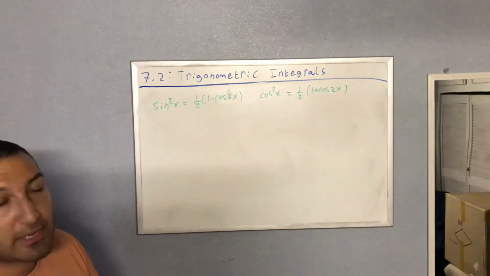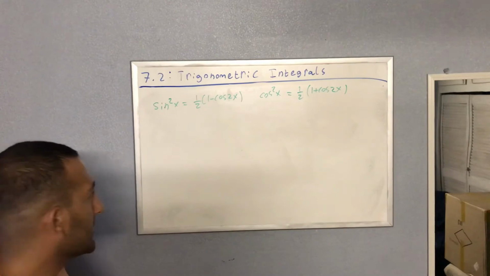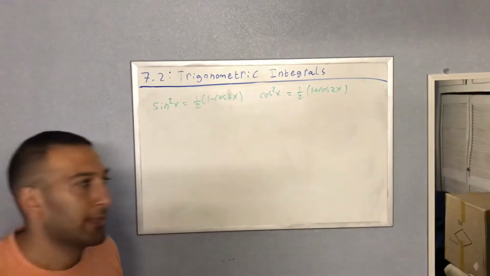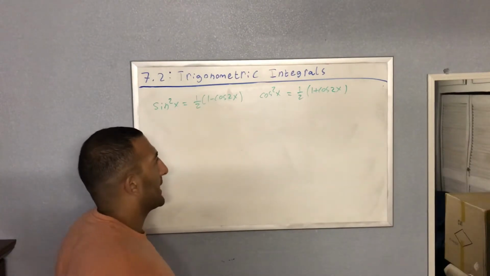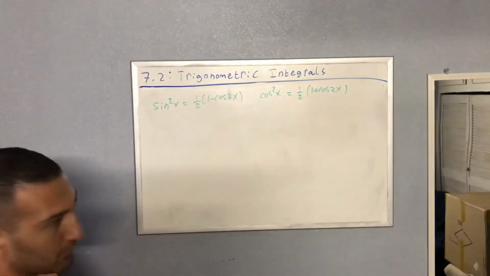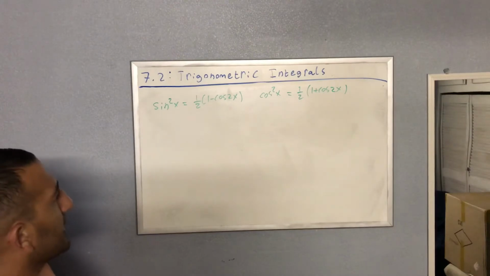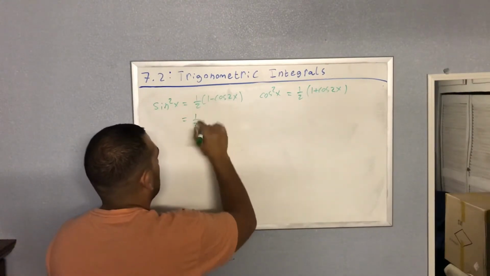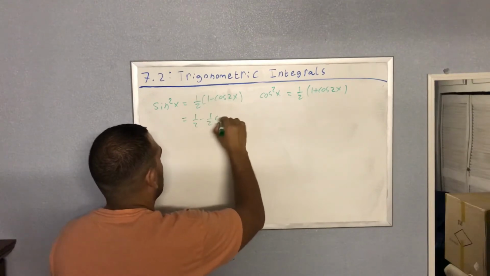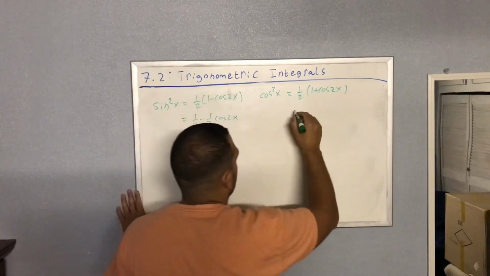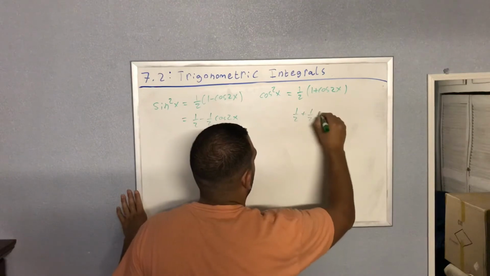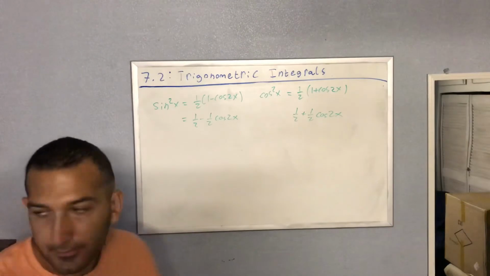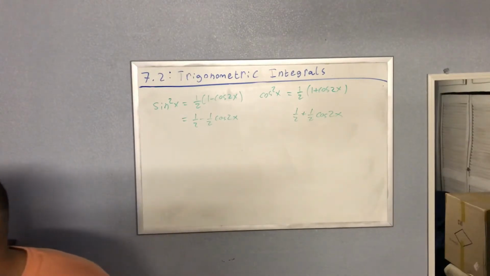So these are just variations on the double angle identities for cosine 2x. Remember, there's 3 of them. So these are just variations on 2 of those. And another way of writing these, of course, is 1/2. If you distribute the 1/2 minus, and then also here. Okay, so we'll want to use these sometimes.